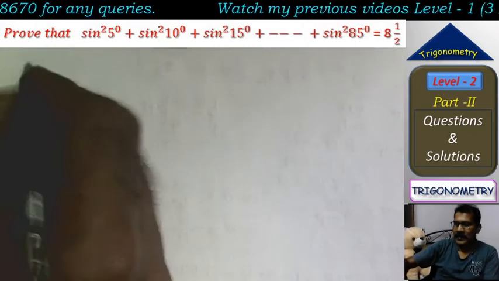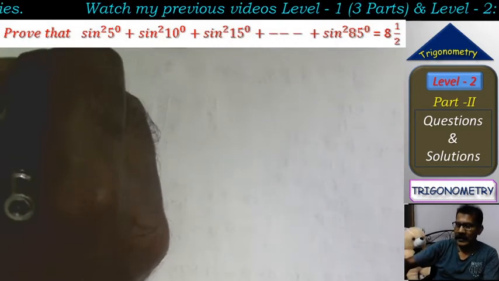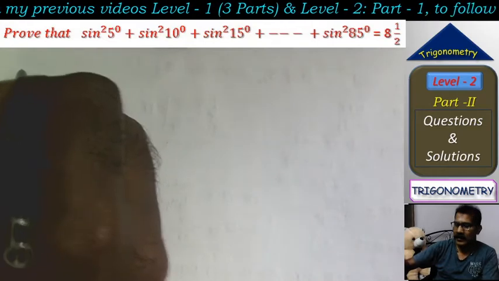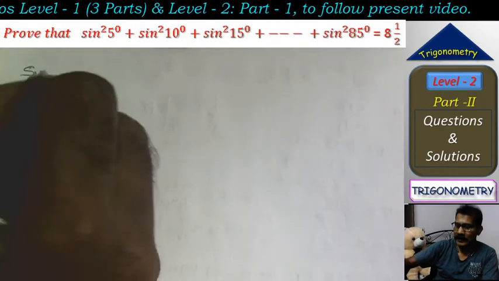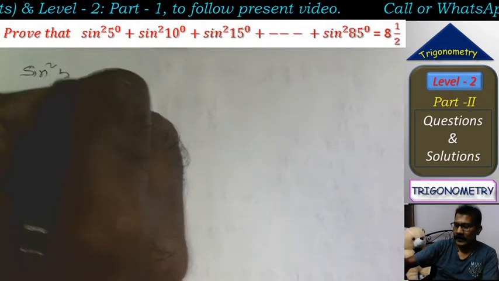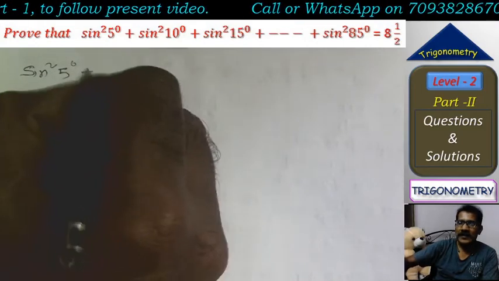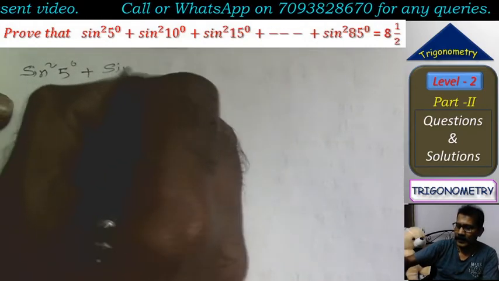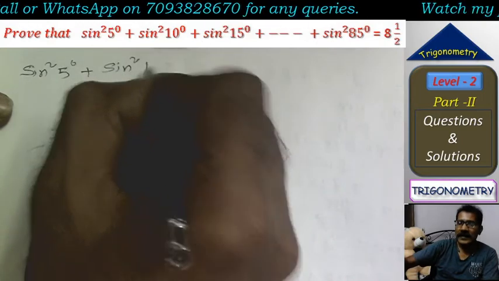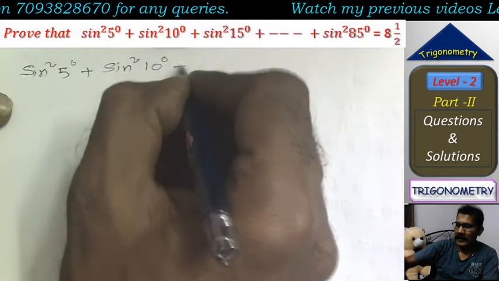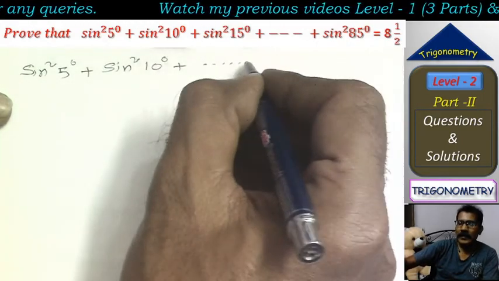Okay, so let me write the LHS of the question, that is sine square 5 degree plus sine square 10 degree and so on.